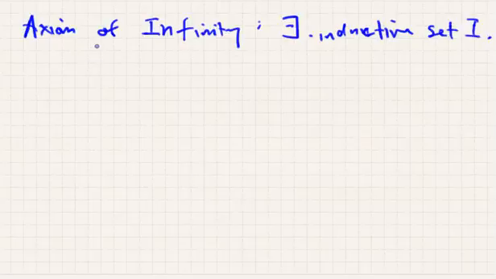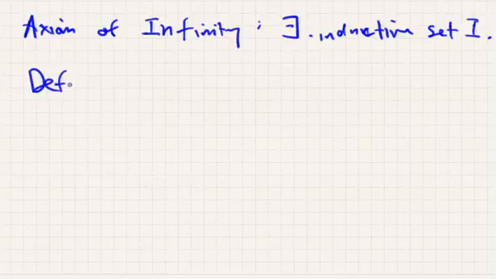So what we're going to do now is create the minimal set by recognizing that all we really need is that there is at least one inductive set. So how do we do this?